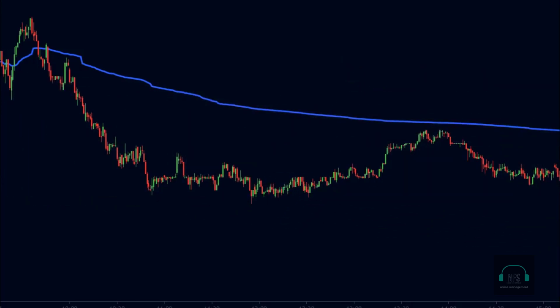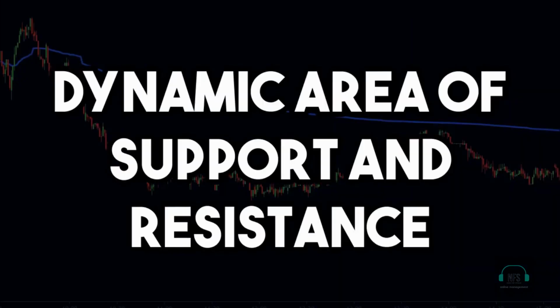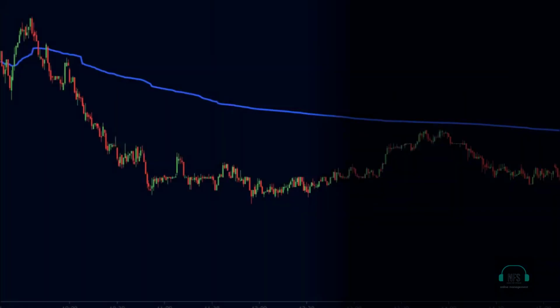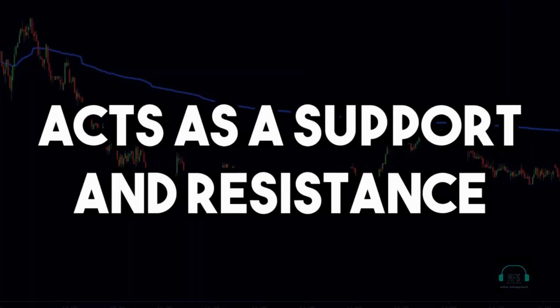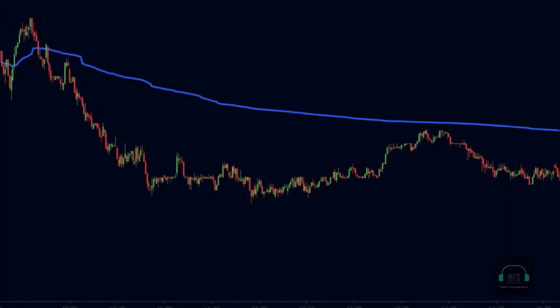We can also use the VWAP as a dynamic area of support and resistance. Since a lot of traders and hedge funds use the VWAP, it often acts as a support and resistance. Therefore, whenever the price is near the VWAP, we should pay close attention to the price action to see if the VWAP is acting as a support or resistance.